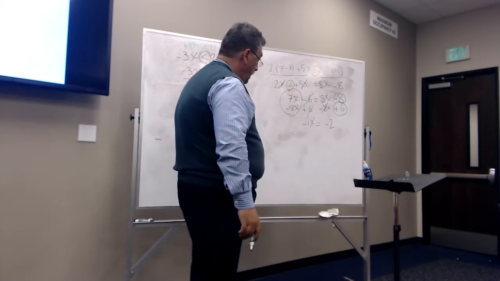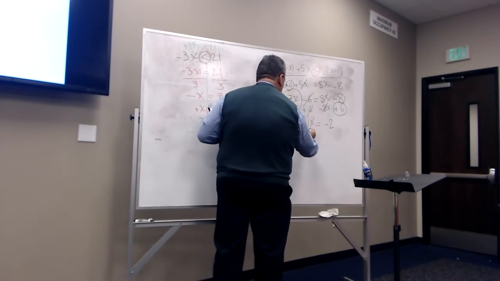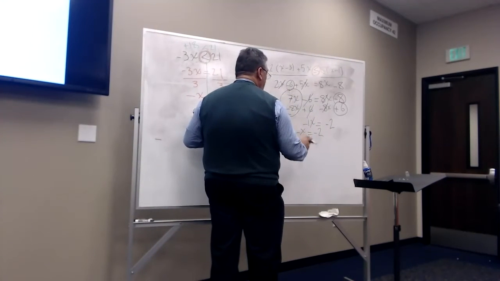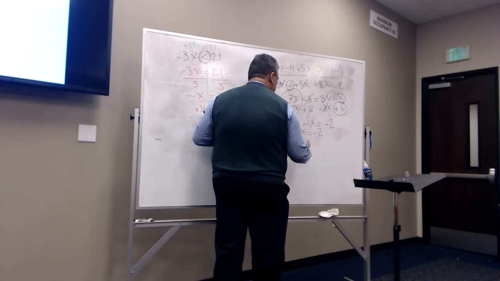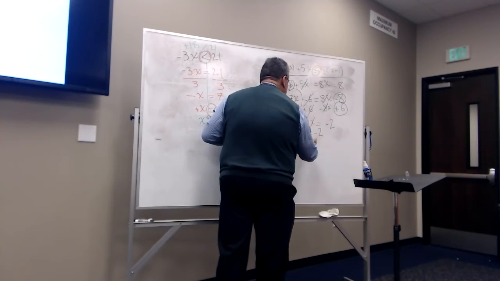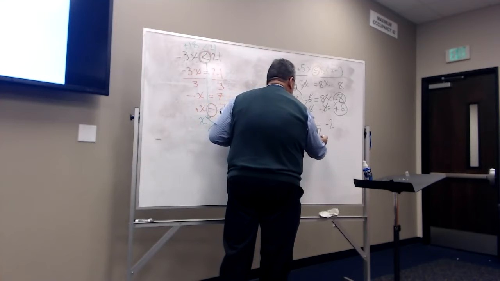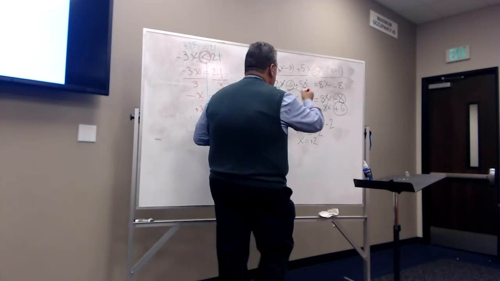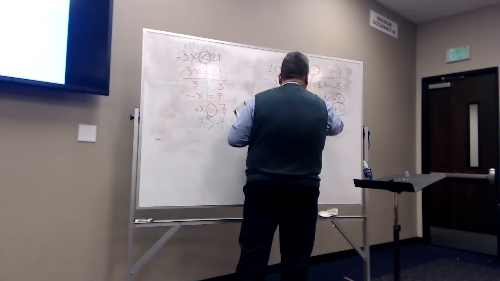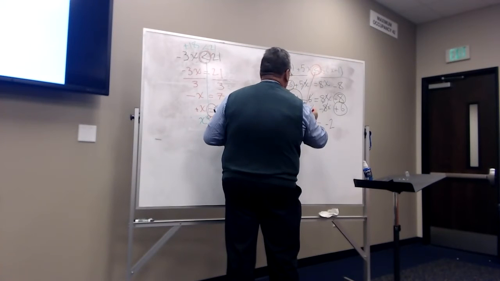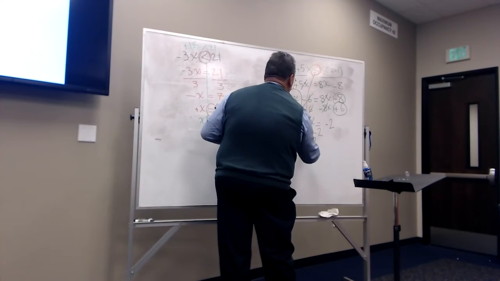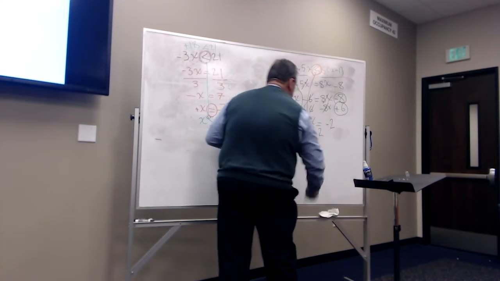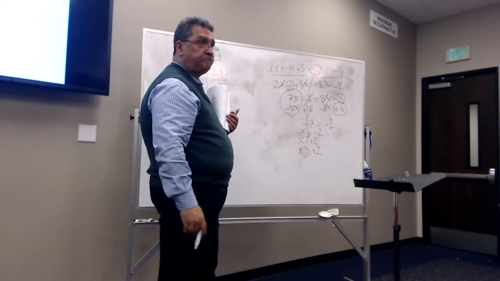Now, I have negative x is equal to minus 2. I want the value of x. I have to multiply both sides by minus 1. So it becomes x equal to positive 2. But since I multiply, this direction has to be changed. So for all x greater than or equal to plus 2.